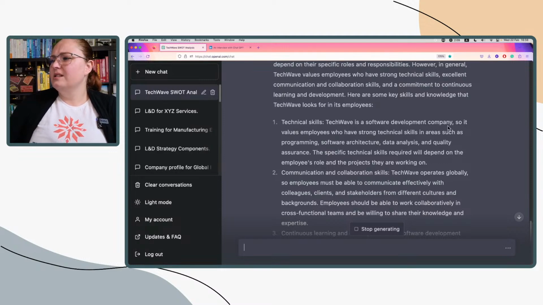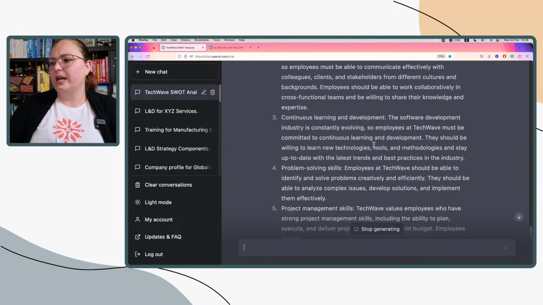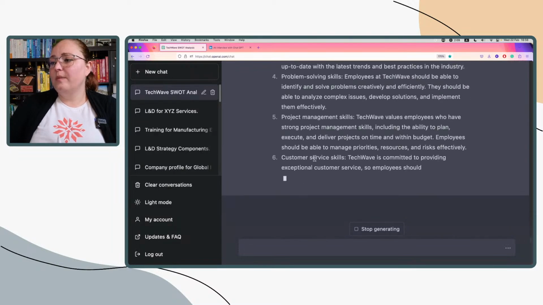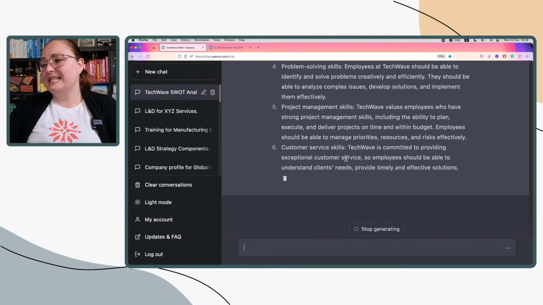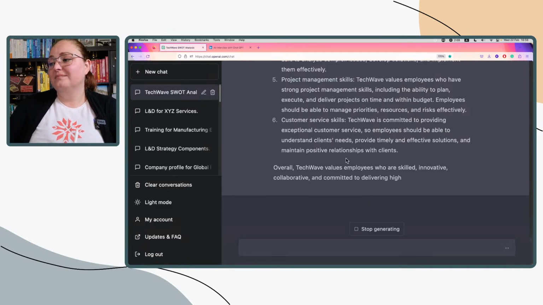Technical skills: as a software development company, it values employees who have strong technical skills in areas such as programming, software architecture, data analysis, and quality assurance. The specific technical skills required would depend on the employee's role and the projects they're working on. So then we go into communication, collaboration, continuous learning and development, problem solving, project management, customer service skills. Okay.